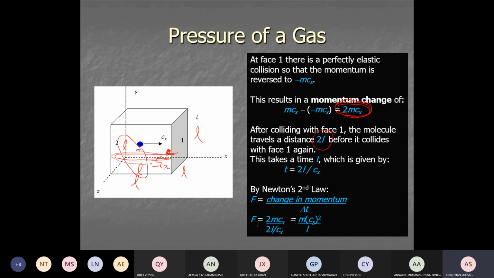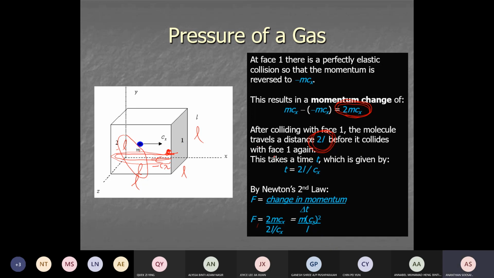Every 2L, you're going to collide with phase 1. Go L and come back another L to meet phase 1.